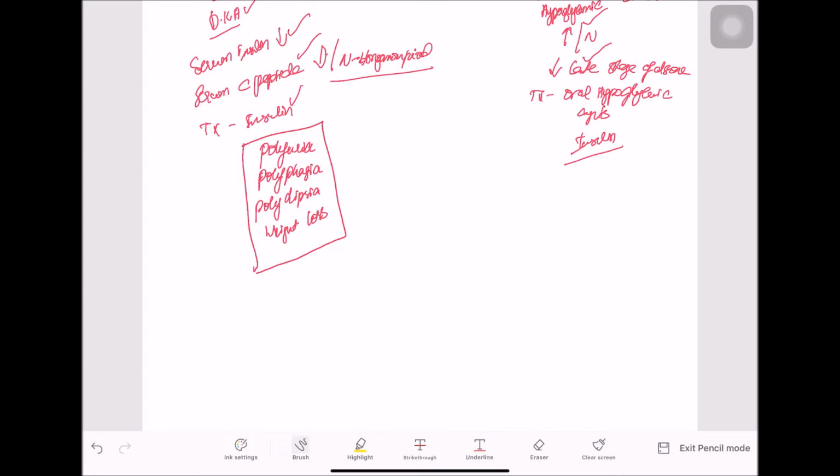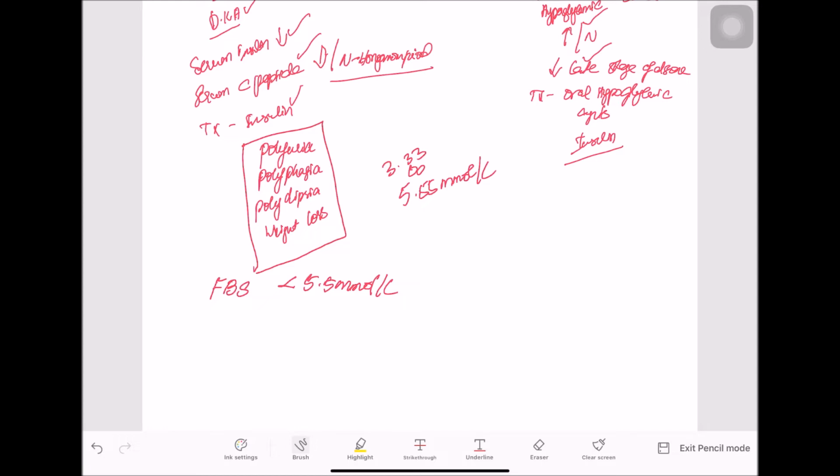So what are the diagnostic criteria for diabetes mellitus? When we see fasting blood glucose level, the normal is less than 5.5 millimole per liter. What is the normal level of blood glucose in blood? That is 3.33 to 5.55 millimole per liter.